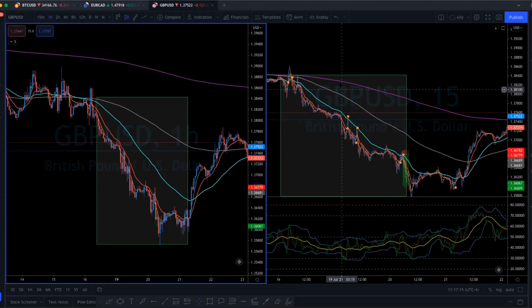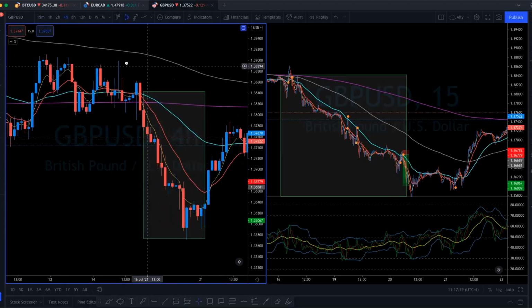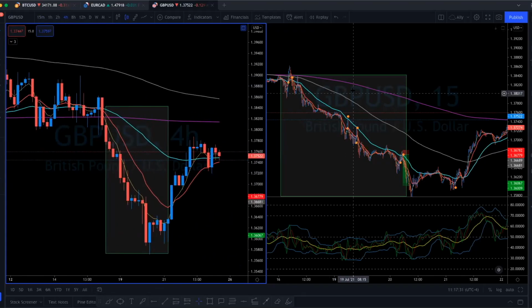Same thing on the 800 EMA here. If you look at the 800 EMA on a 15-minute chart, and then we look at it on a 4-hour chart on the same thing, you could see the 800 on a 15-minute chart is well above, obviously, the 200 and everything like that.